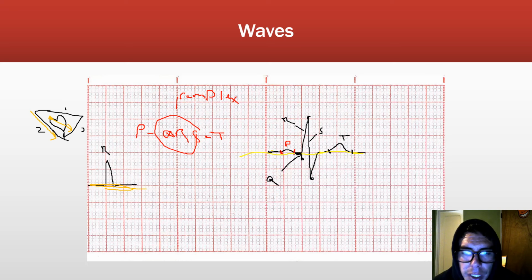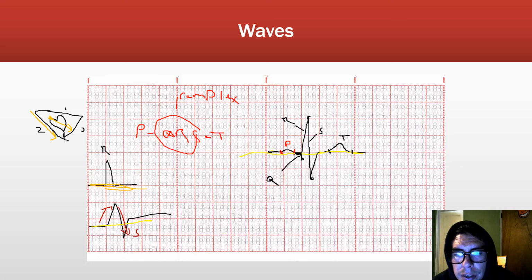However, if it does this, that would be an R and an S wave, because this is your baseline. It went above, making it an R wave, and then it came down and actually passed baseline, which makes it an S wave.